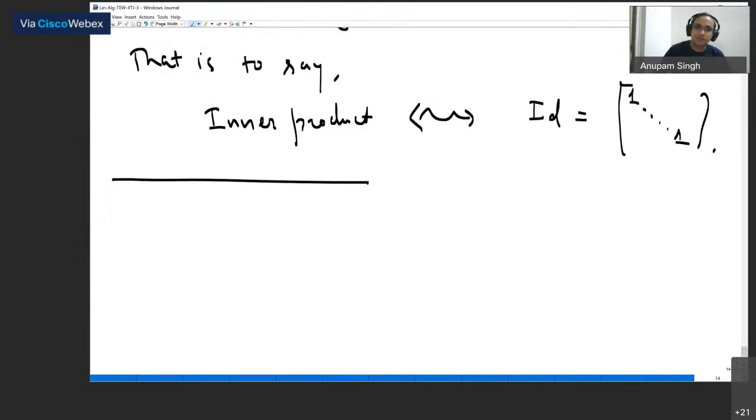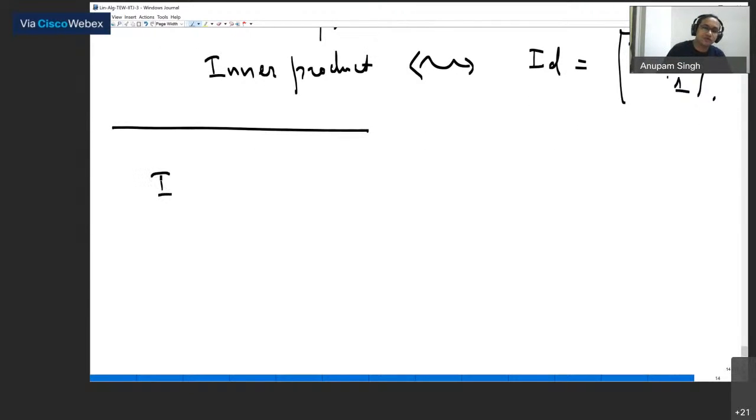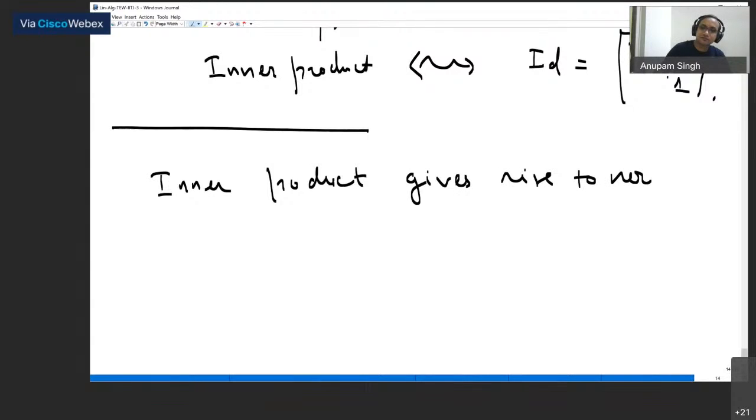Just to recall, an inner product gives rise to a norm. The norm of any vector v is defined by taking the inner product of v with itself and then taking the positive square root.